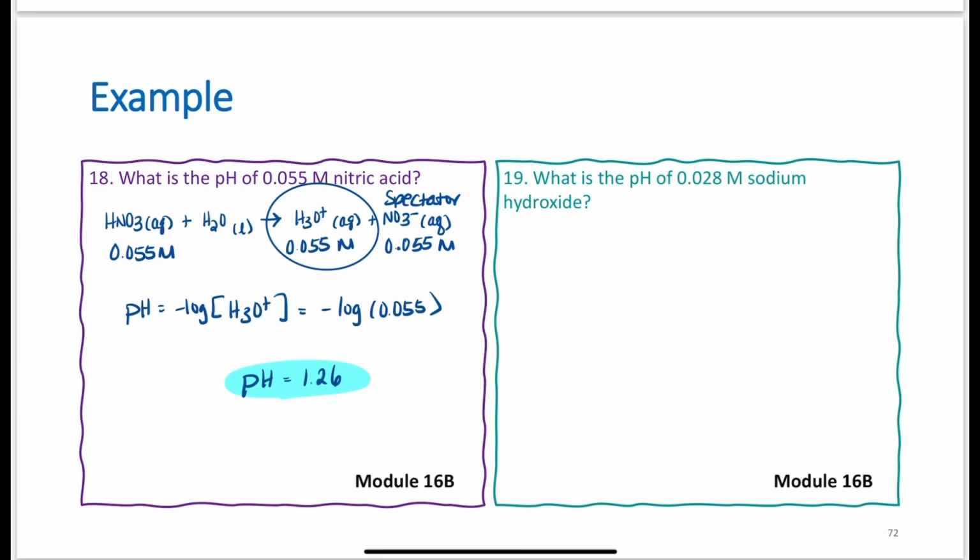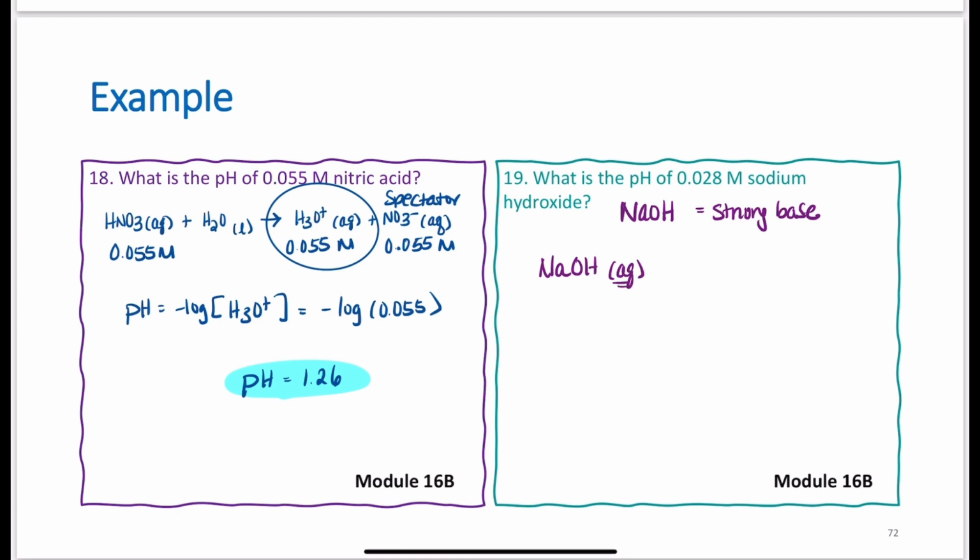Number 19, what is the pH of a 0.028 molar sodium hydroxide solution? Sodium hydroxide, I know, is NaOH. I also know this is a strong base. Again, don't put plus water on your strong bases. It just makes it more confusing.